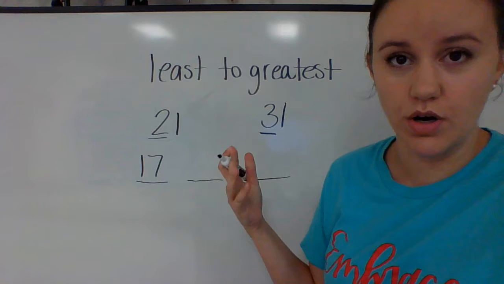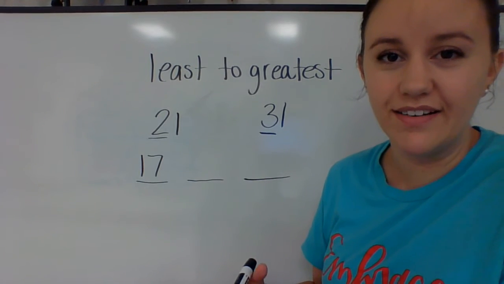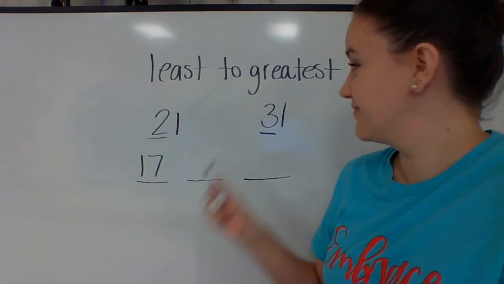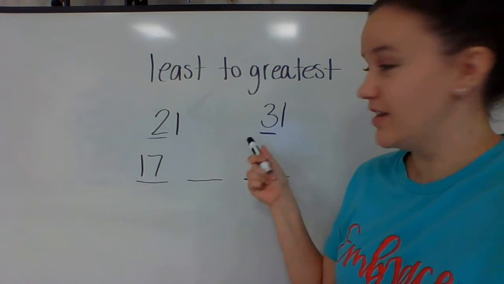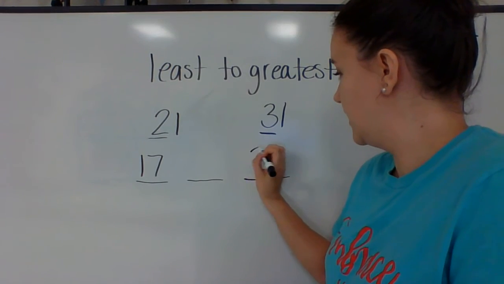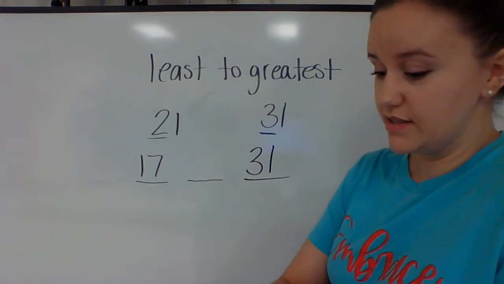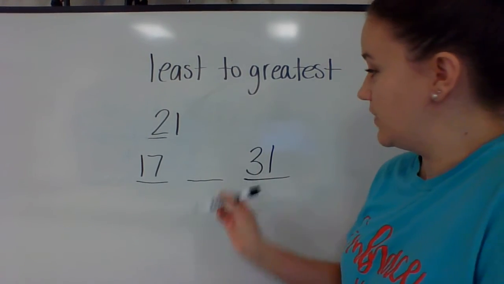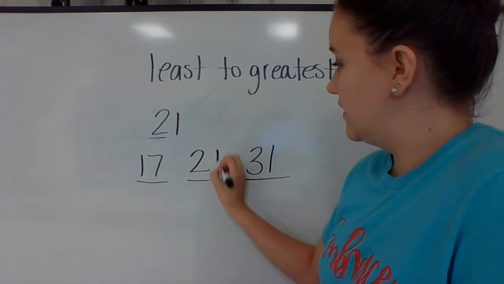Which one has a greater amount of tens? 31, right? 3 tens is greater than 2 tens. So 31 is my greatest number, which puts 21 in the middle.